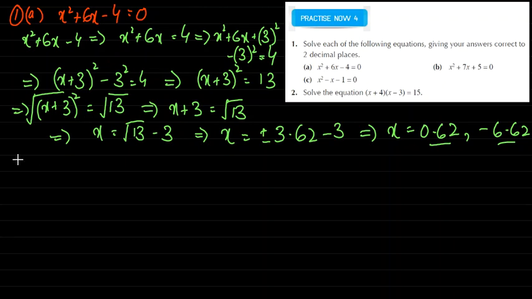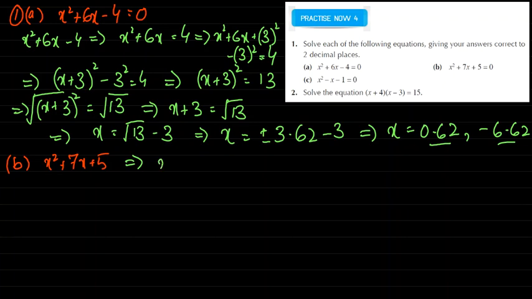Now moving on to part B. It says x square plus 7x plus 5 is equal to 0. As we can see, 7 cannot be divided by 2 to give a whole number or integer, so we have to make it in the form of a ratio.